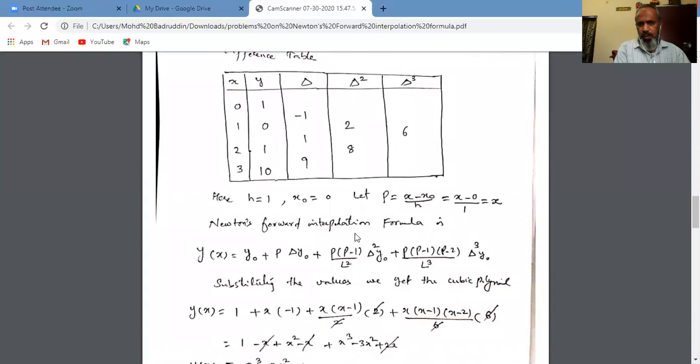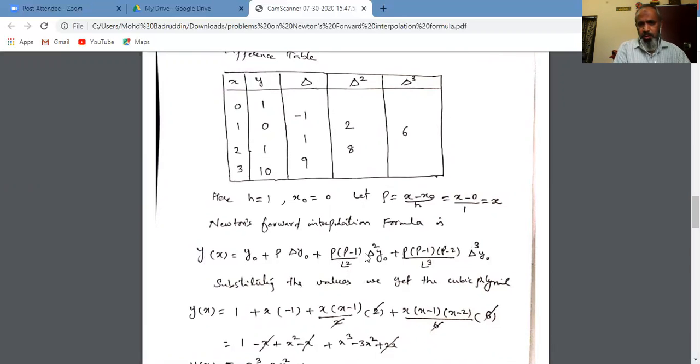So the Newton's forward interpolation formula can be written as y of x is equal to y0 plus p into delta y0 plus p into p minus 1 by factorial 2 del square y0 plus p into p minus 1 into p minus 2 by factorial 3 del cube y0, because third order difference is given. We don't know the fourth order difference. So we have to use the formula up to third order differences, that is del cube y0.